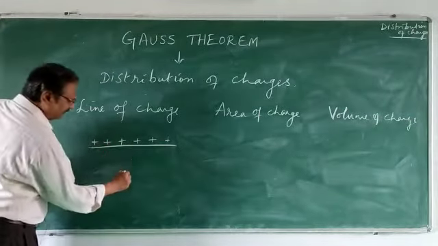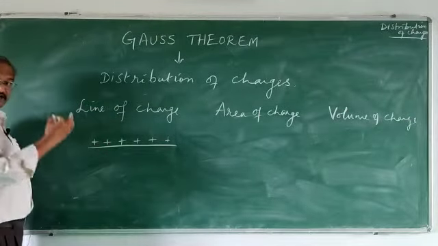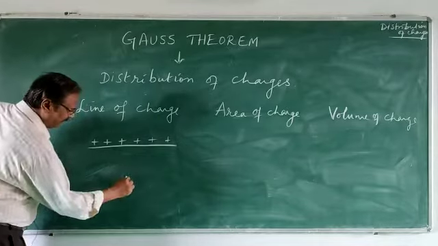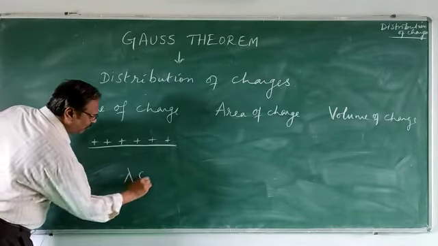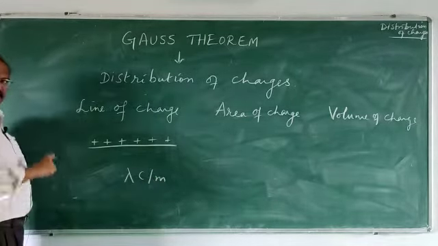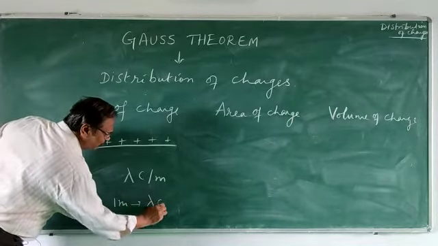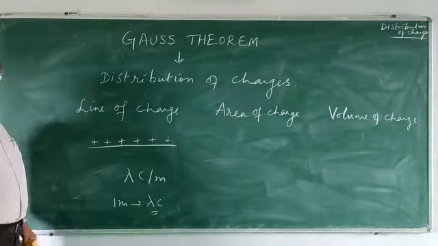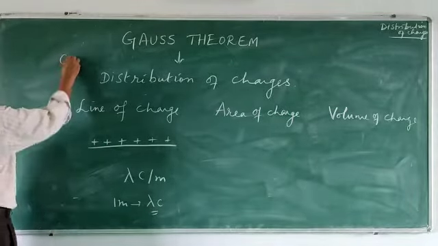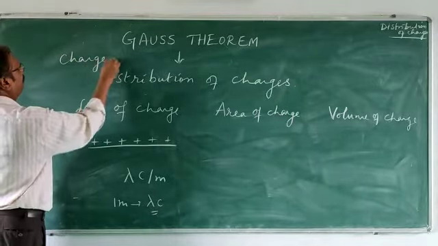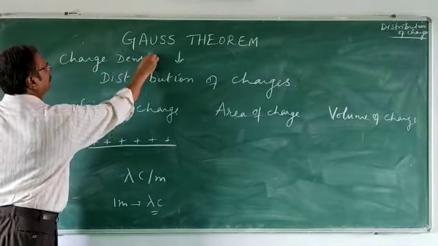Fine. And here the charge density, we take it as lambda Coulomb per meter. It is a line, so in 1 meter you can place lambda Coulomb of charge. Okay, this is the charge density. We use the word charge density.